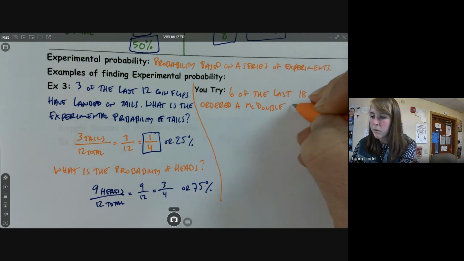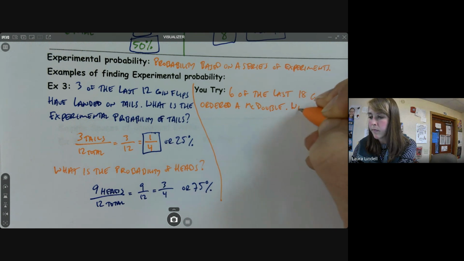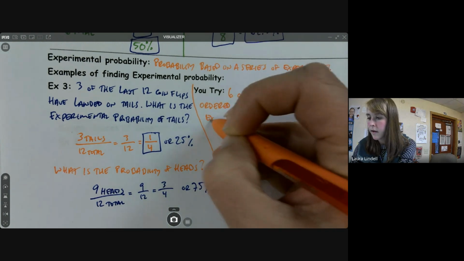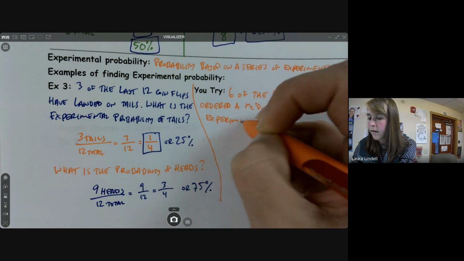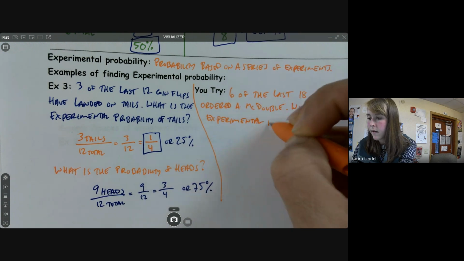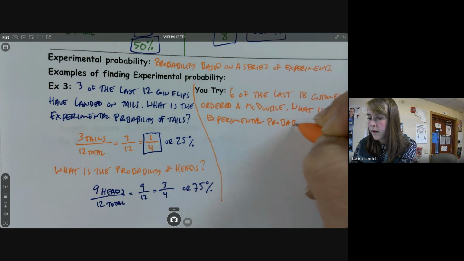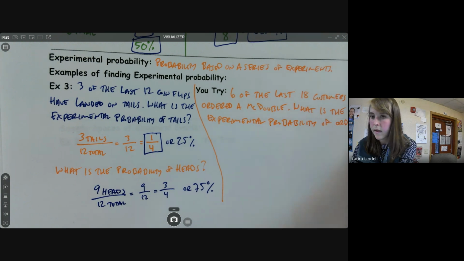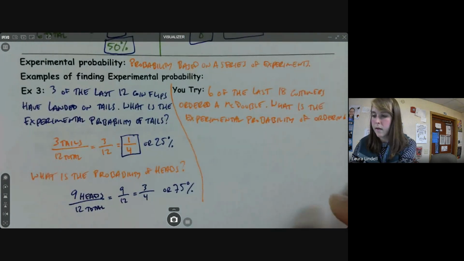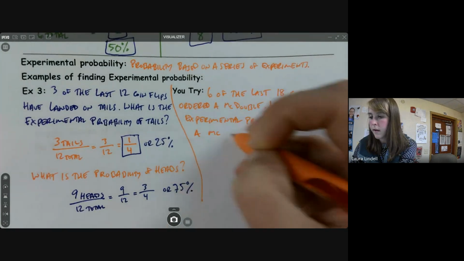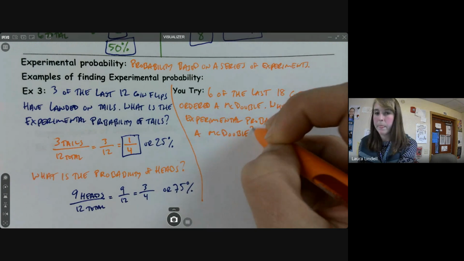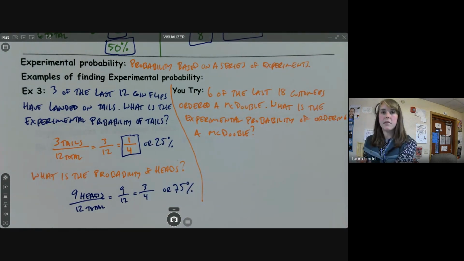What is the experimental probability of ordering a McDouble? All right, you know what to do. Pause the video real quick, give it a try, then hit play again, and we'll talk about it.